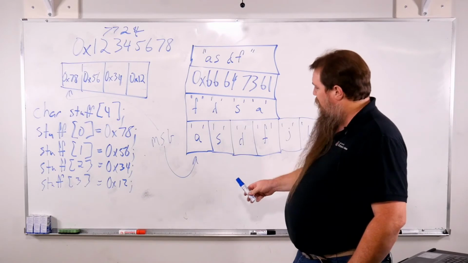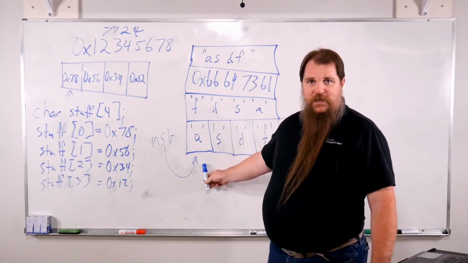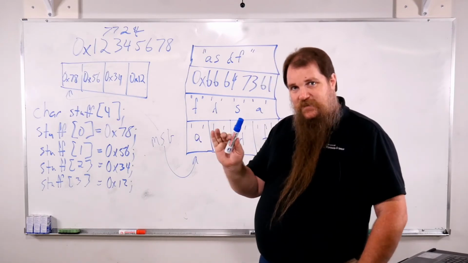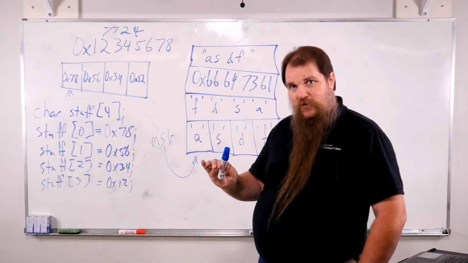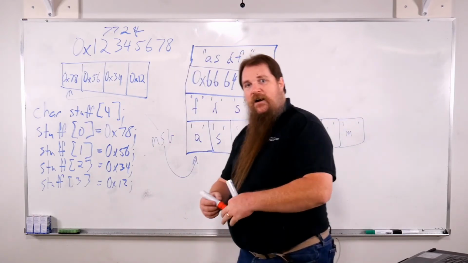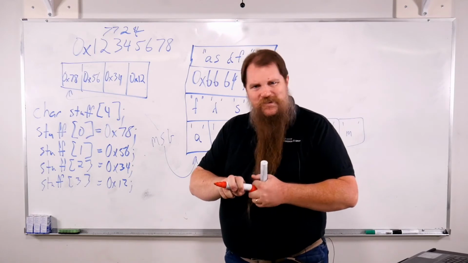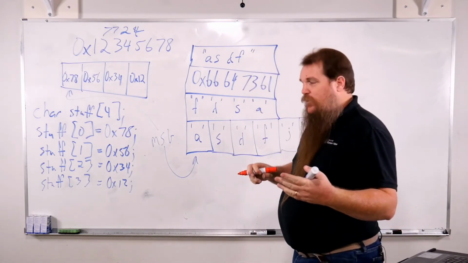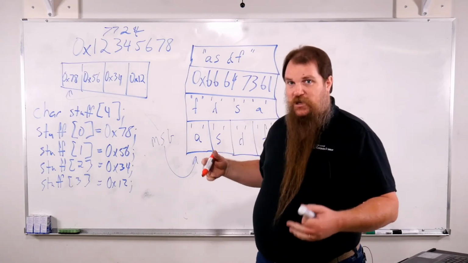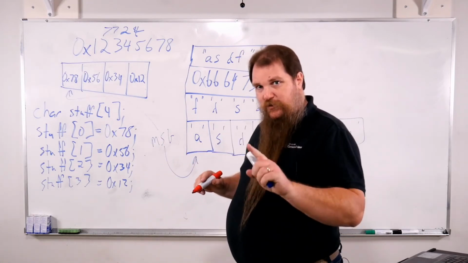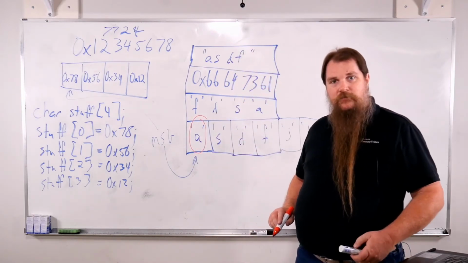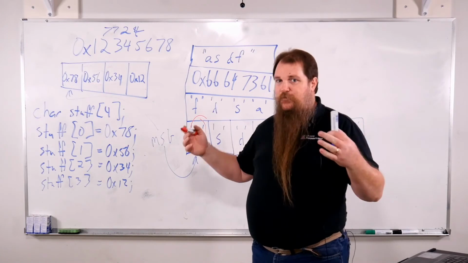It means that when you have a pointer to a multi-byte integer, the pointer always points to the least significant byte of that integer. So if you have something that's actually a string, it's not an integer, it's actually a string, your pointer to the string by definition has to point to the first character in the string. So message points to the A. It has to, ASDF. It has to point to A.